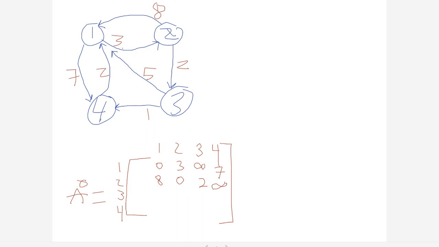From 3 to 1 it's 5, and from 3 to 2 it's infinity, then 3 to 3 is 0 because there is no cycle, from 3 to 4 is 1, and from 4 to 1 is 2, from 4 to 2 is infinity, and from 4 to 3 is infinity, and from 4 to 4 is 0.